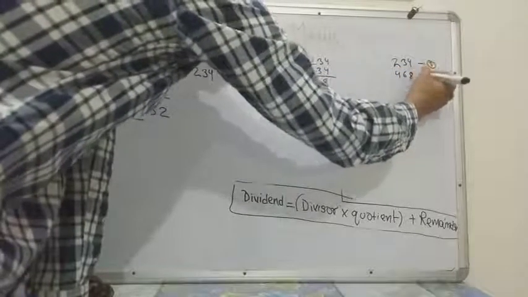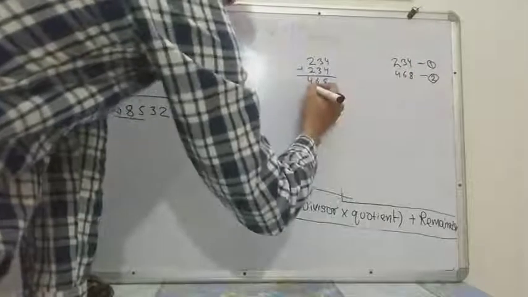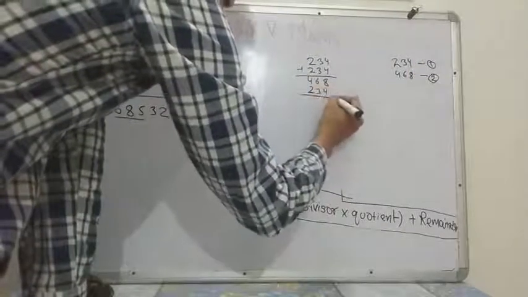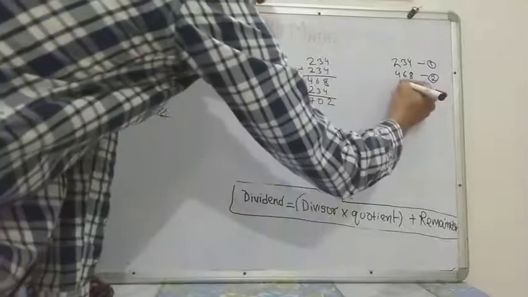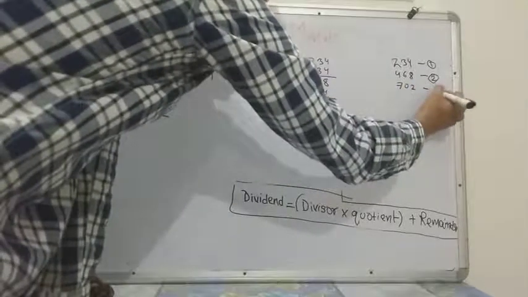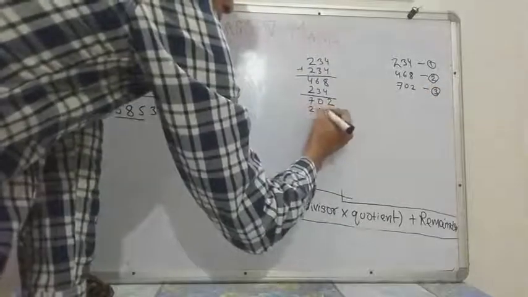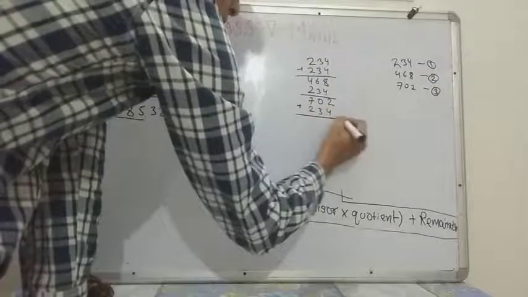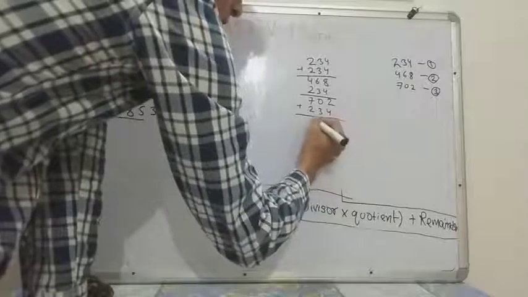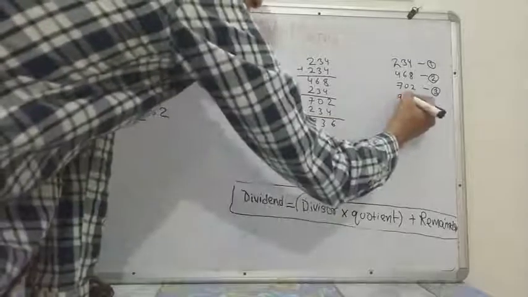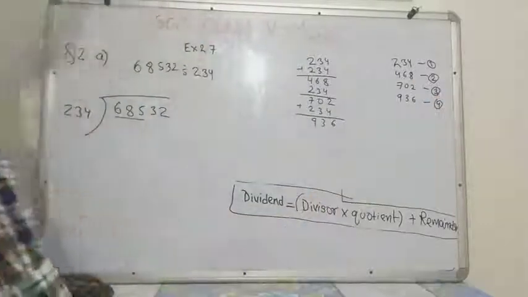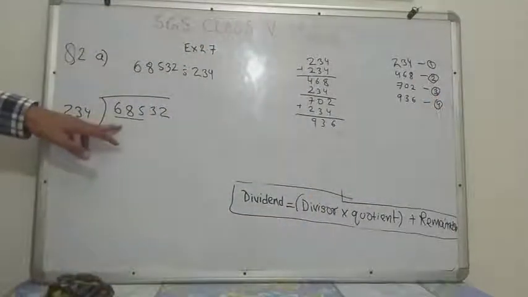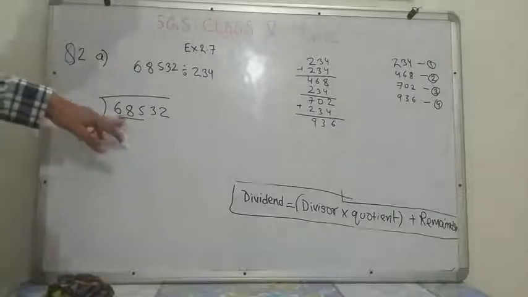This is your 1 times, 2 times. Again 234, you add, you get 702. Here comes 936. So check between which multiples 685 comes.